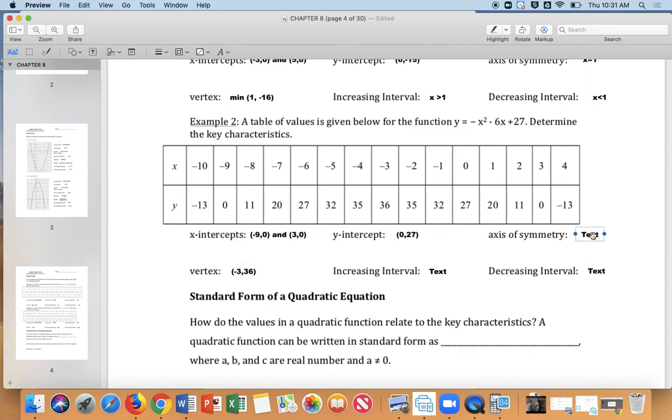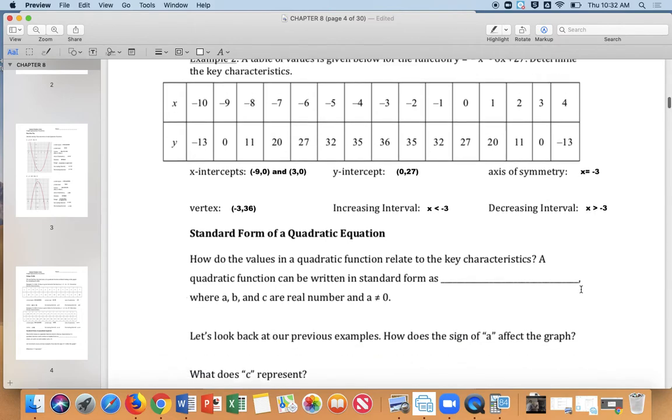That gives me my axis of symmetry as x equals negative 3. My increasing interval is when x is less than negative 3, and my decreasing interval is when x is greater than negative 3. So there we go, and there you have it.